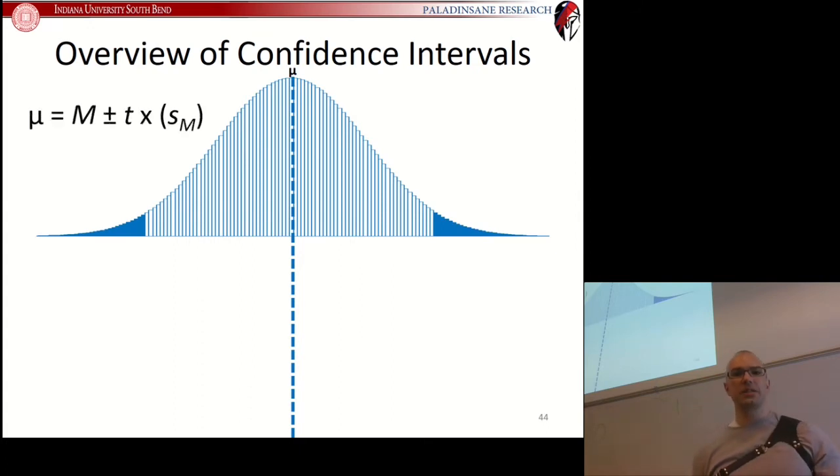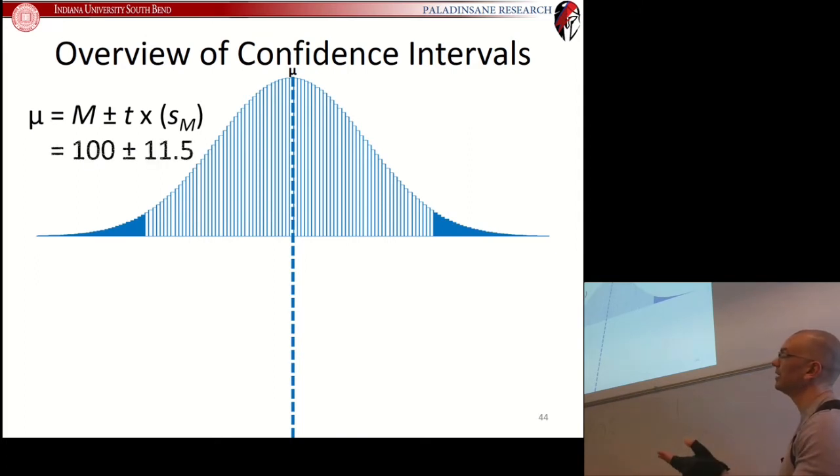All right, so to wrap this up for today, just to put some numbers on it. Let's say that this was again the mean. We're looking for what the mean is. We have a sample mean of 100. We got plus or minus 11.5. If that's the actual mean of the distribution, if that's the actual population, it would have a mean of 100.